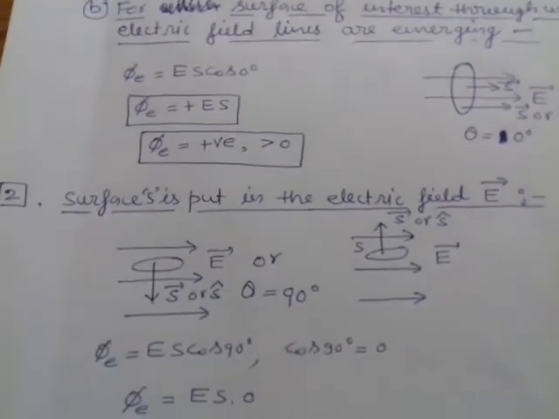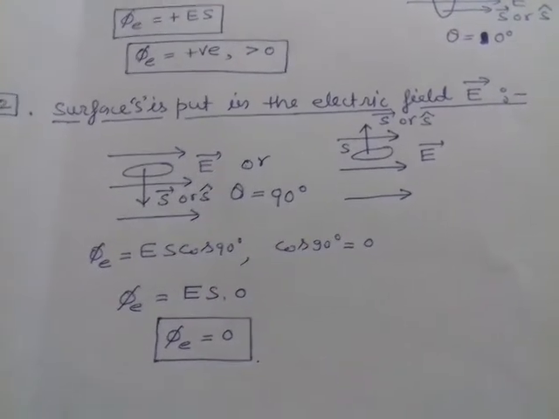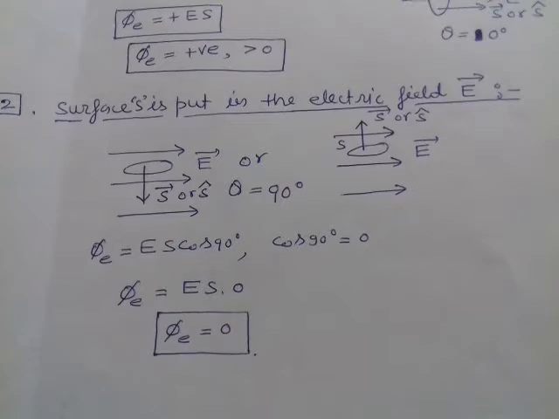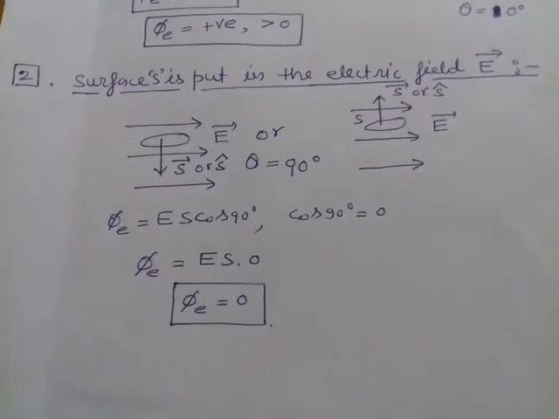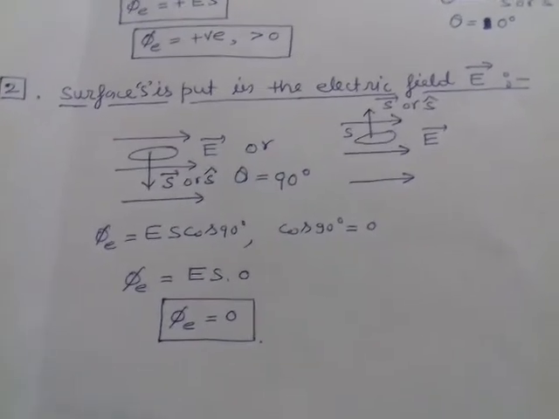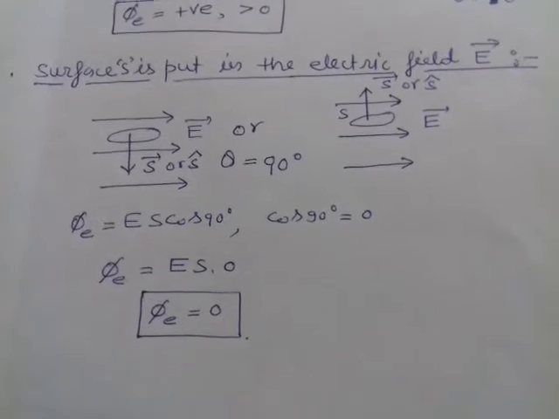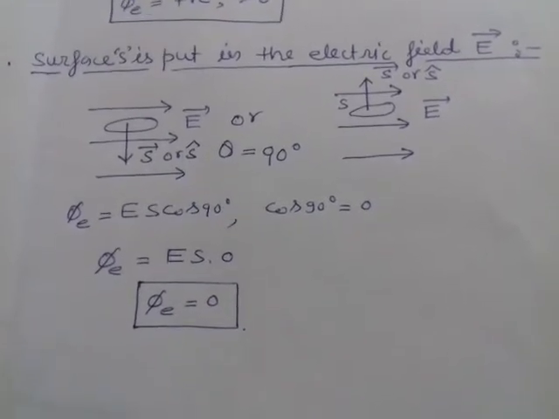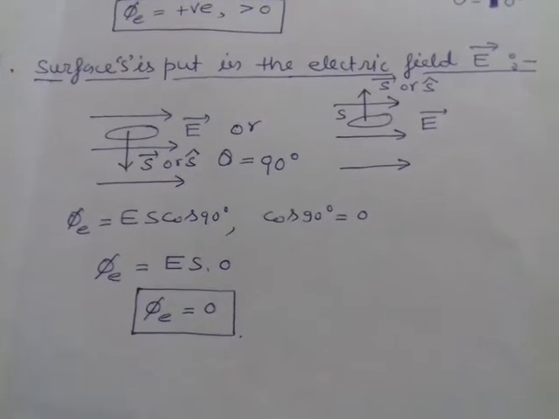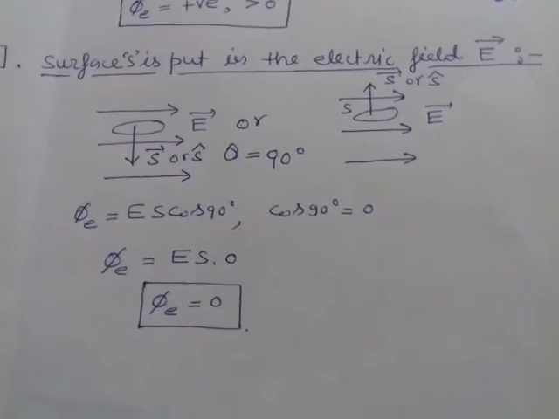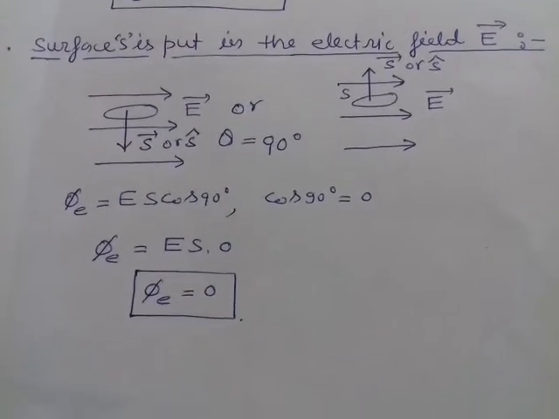Now, in the next case, surface S is put in the electric field. You can see surface S is placed in the direction of electric field. In that case, for both faces of the surface S, area vector is always perpendicular to electric field.